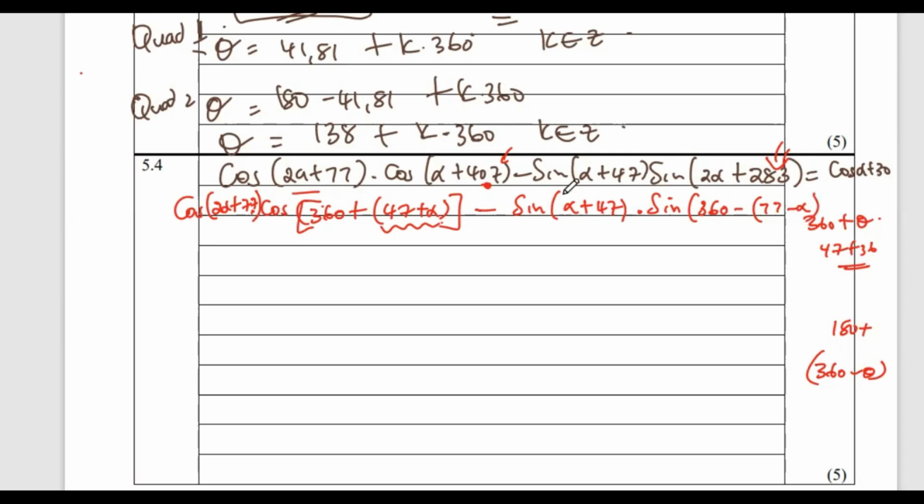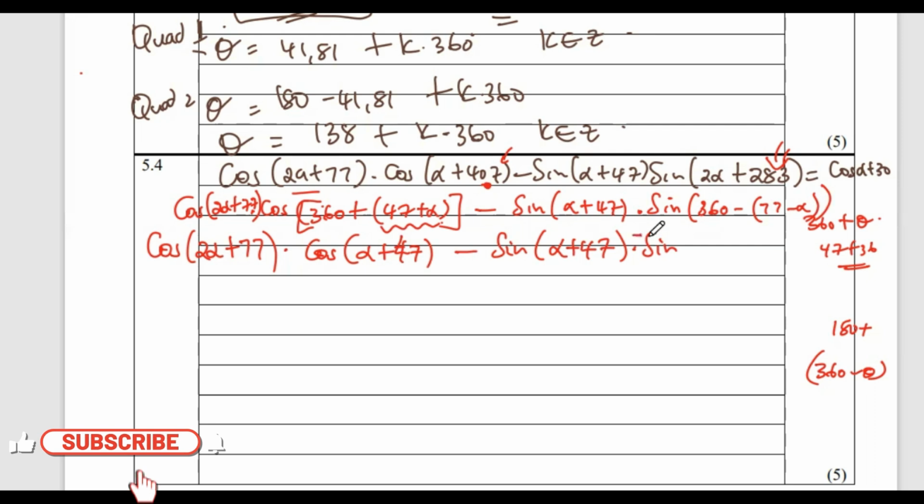All right, so let me just simplify that. So I'm going to have cos of 2 alpha plus 77. And then I'll be left with a cos of alpha plus 47 minus, I have the sine of alpha plus 47, and then the sine, this is going to give me negative sine, because the sine is negative within the fourth quadrant.